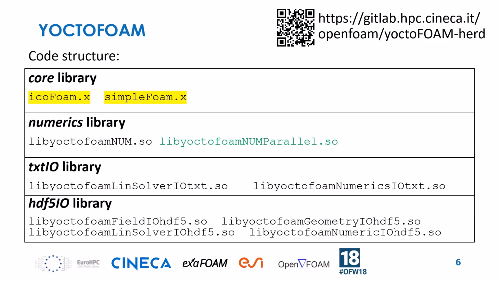It is structured in mainly 4 libraries. 2 are related to I/O and they are not of interest for us right now. The core library is the one that approximates the high-level aspects of OpenFOAM, so defining the numerical scheme on a high level. And the numerics library is the one that contains all the basic algebra, and it contains it in the form of pure C functions. We call them kernels.